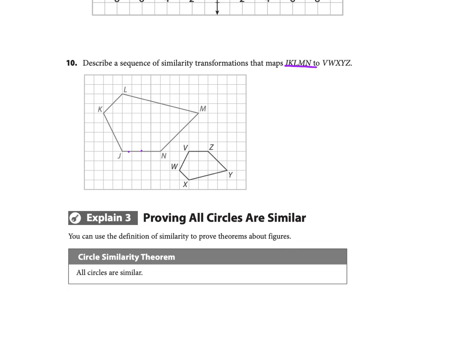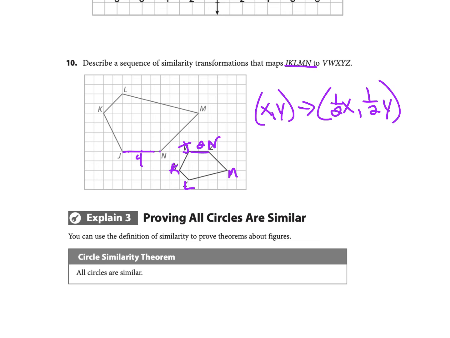And at 1, 2, 3, 4, J is going to V, K, L, M, N. So JN is 4 originally, and now it's 2. So we know we need a scale factor of 1/2.